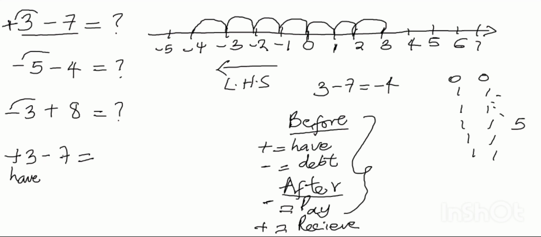So feel free to replace it with the same value of what you use anywhere you're watching from. So I have 3 naira, and minus 7 there means now this is after, and this is before. So before I have 3 naira, then because this is after, this is -7, that means I want to pay.